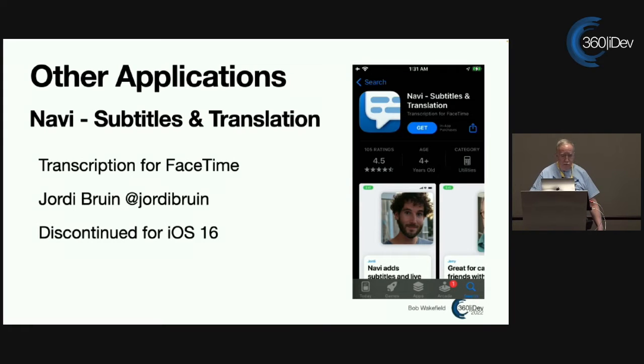Unfortunately, Jordy will have to withdraw his app when iOS 16 goes live. Apple has changed the audio subsystem for iOS 16. They made it impossible for other apps to get access to the FaceTime microphone audio stream. I hope that Apple makes this possible again soon, perhaps in a more managed fashion.